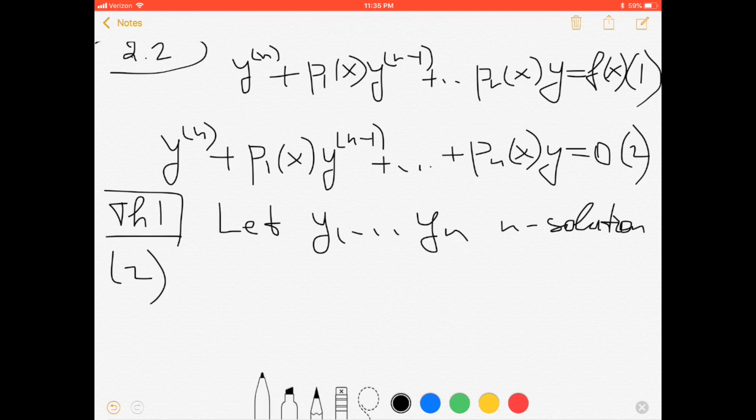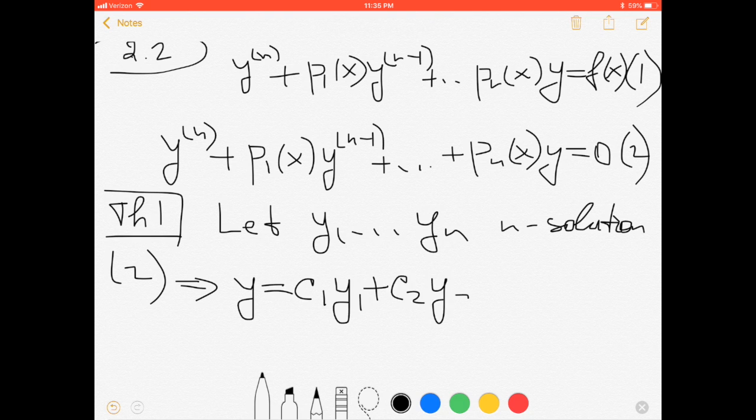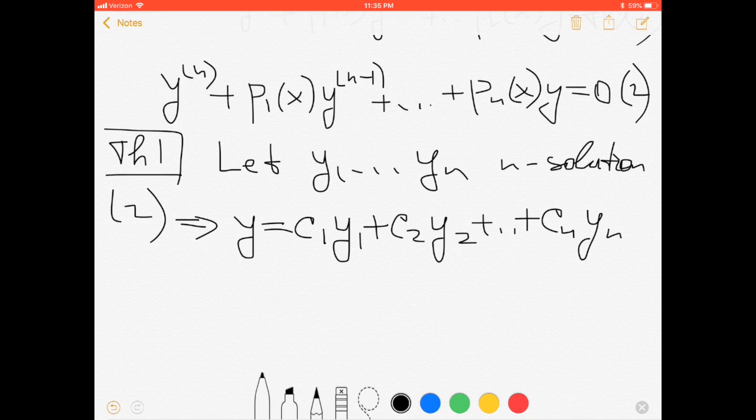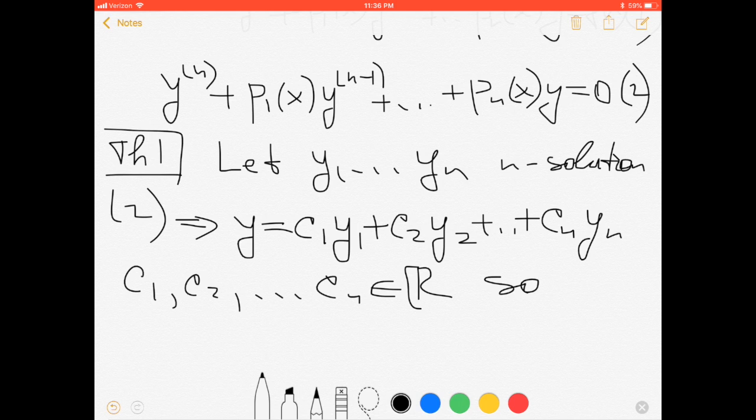Then a linear combination of these functions, c1y1 plus c2y2 plus ... plus cnyn, where all the c are constants, some real numbers, is a solution of our homogeneous equation.